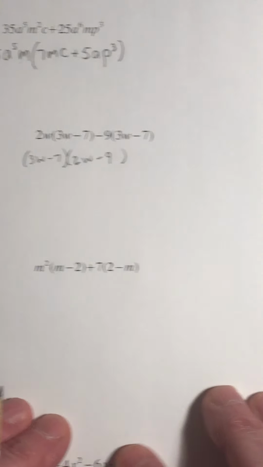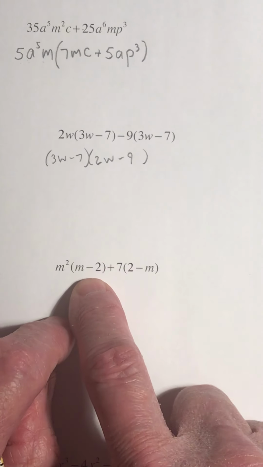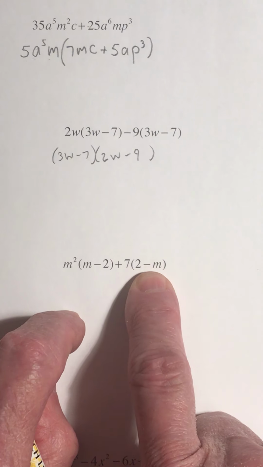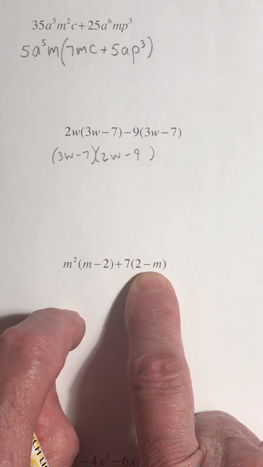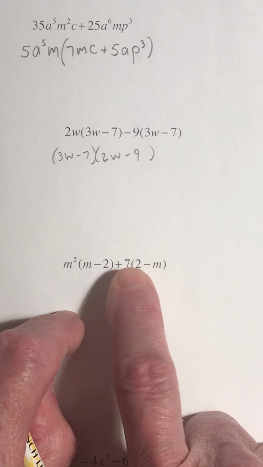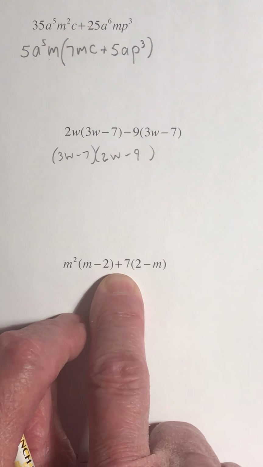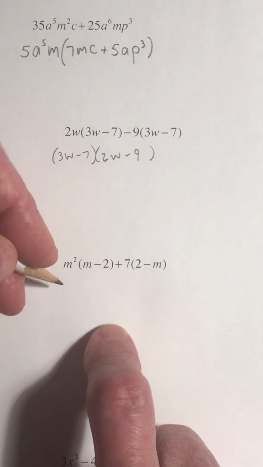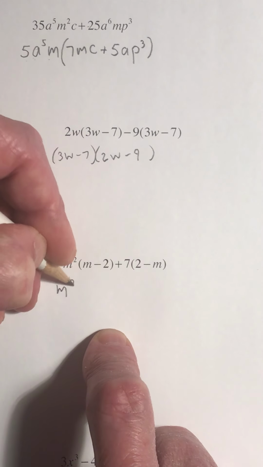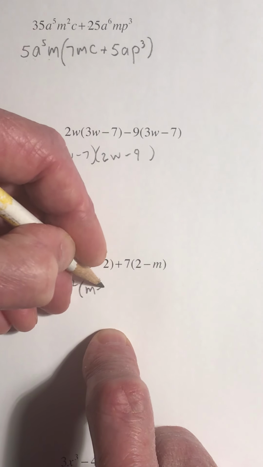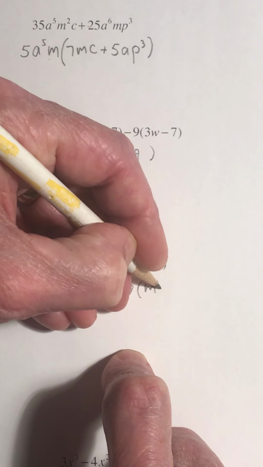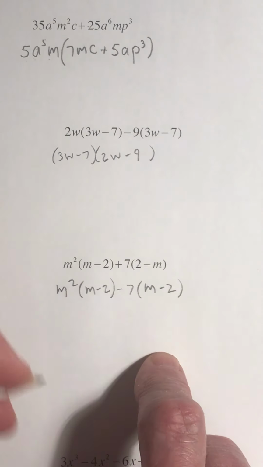Go over here. See a similar situation, m minus 2 compared to 2 minus m. So I'm going to reverse this subtraction, which is like multiplying by -1. And to make it legal, I'm going to reverse the sign here, which is like multiplying by -1 a second time. I change this to m squared, m minus 2 minus 7, m minus 2 instead of the 2 minus m.